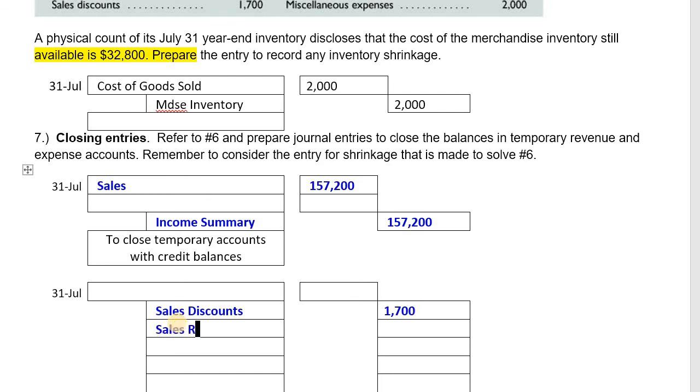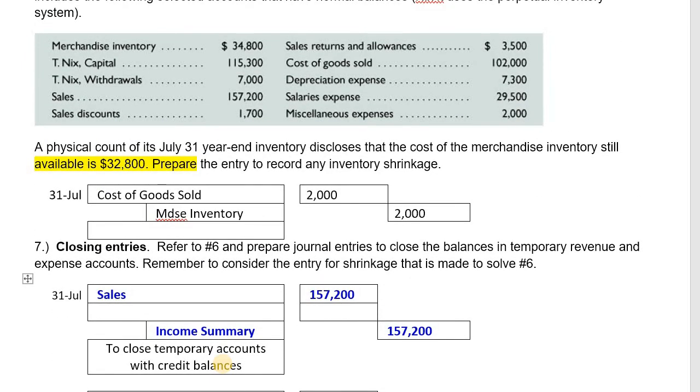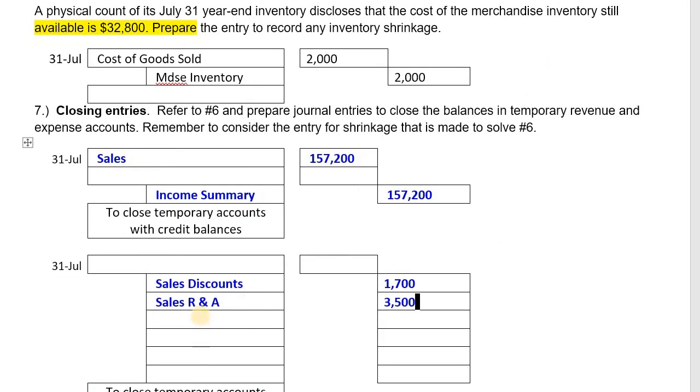I'm just going to abbreviate that R and A, if you don't mind. What's next? Now, how about this? How about cost of goods sold? 102,000 here, but oops, got another 2 here. So it's going to be 104,000, 102 plus 2 in cost of goods sold.